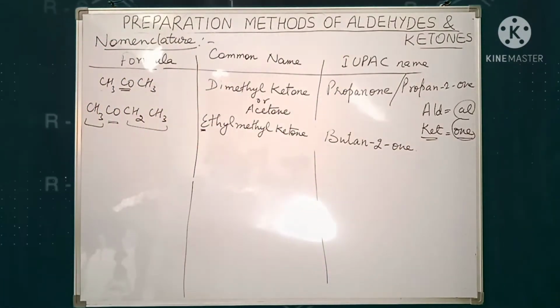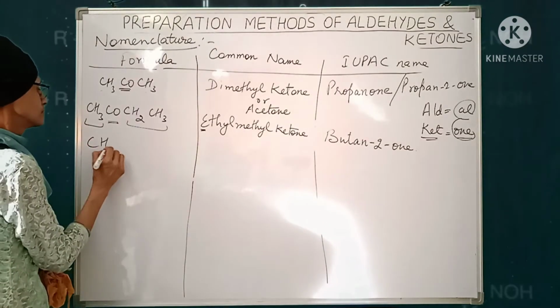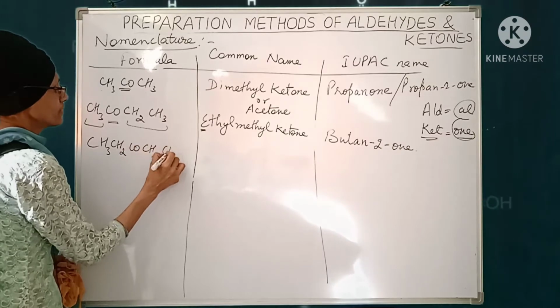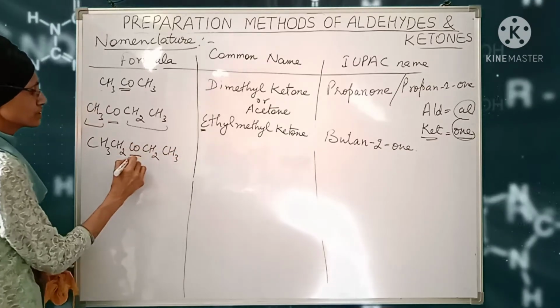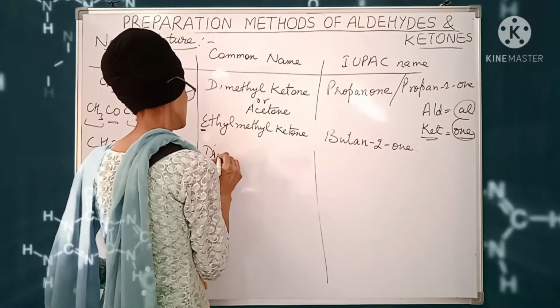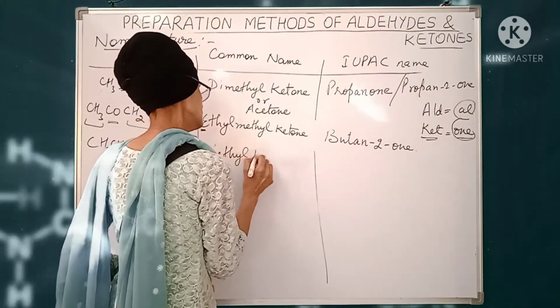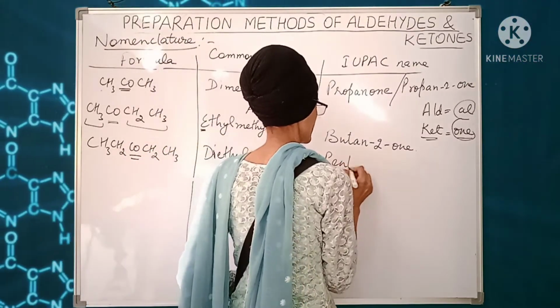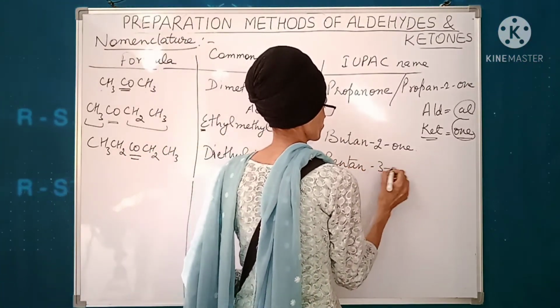Similarly, we have this ketone having 5 carbon atoms, with the ketonic functional group in the center. It will be diethyl ketone or pentane-3-one.